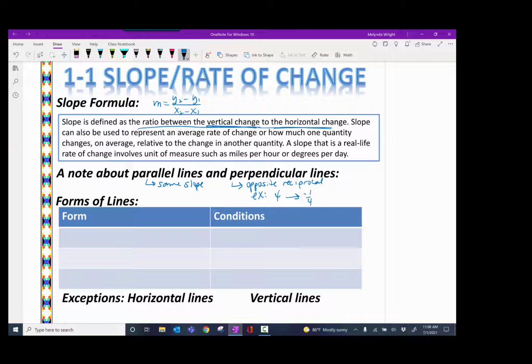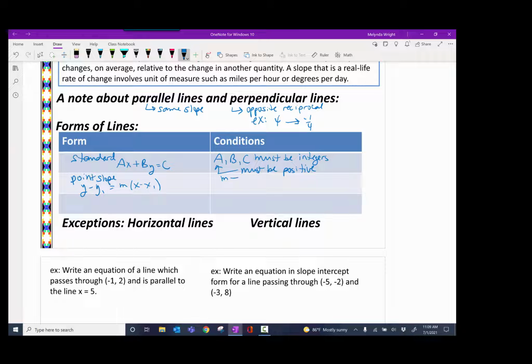Then we've got point slope, which is my favorite, point slope form. Point slope is y minus y1 equals m times x minus x1, where m is the slope and x1, y1 is a point on the line. The third type is slope-intercept. A lot of people like slope-intercept form.